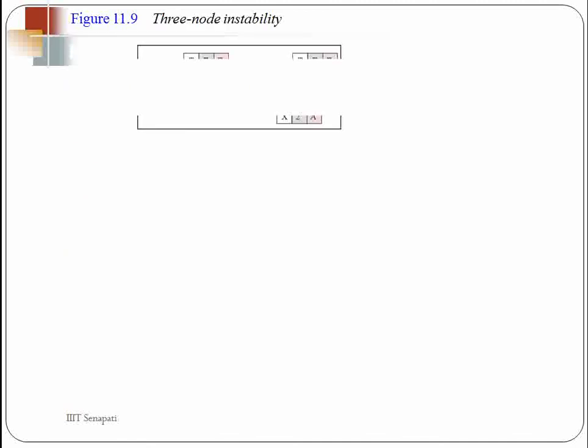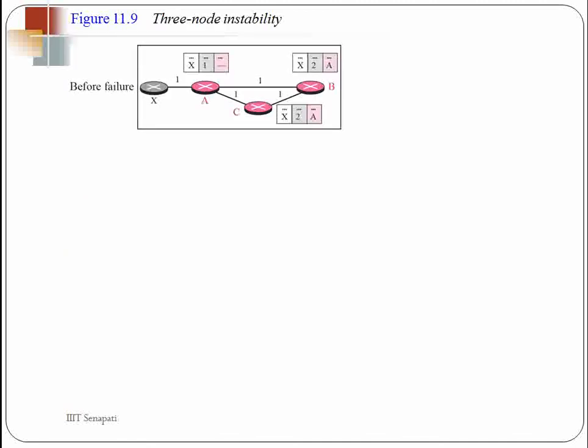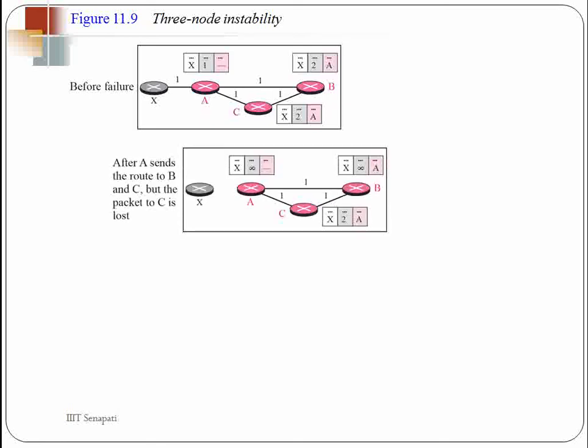Now let me tell you what can happen if you have 3 nodes A, B and C, and X is going to fail. You can see the tables: from A you can reach X in one hop, from others you can reach X in 2 hops through A. Now X failed, so A will send the information to others.